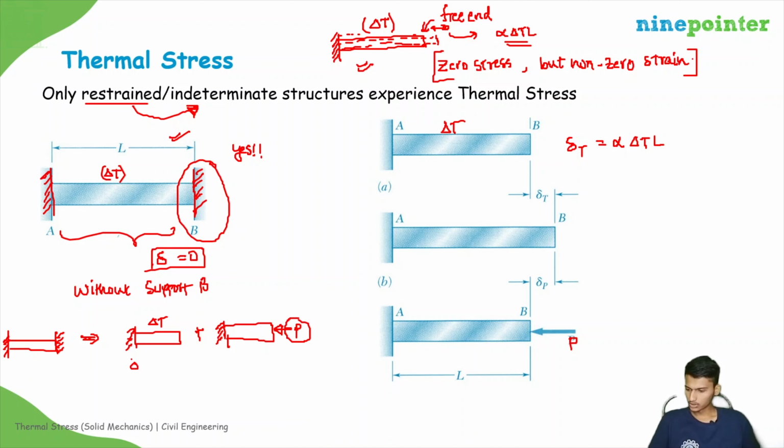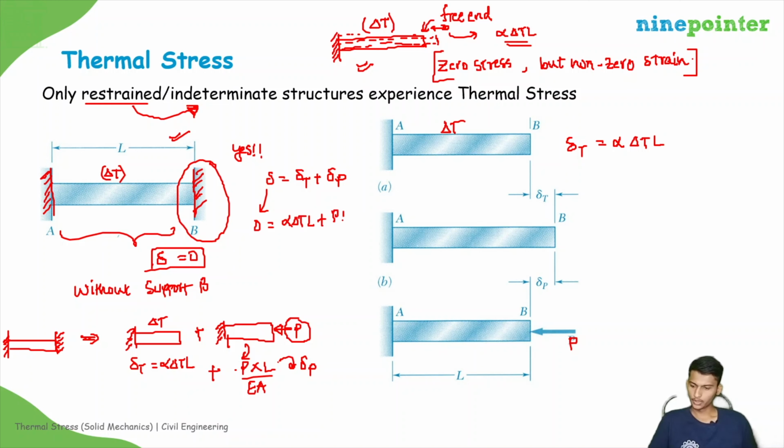So this delta T will be equal to alpha delta T L. This will create P into L divided by EA, plus this is delta P. So we know that delta is equal to delta T plus delta P. So this is 0. That means alpha delta T L plus PL by EA is 0, right?